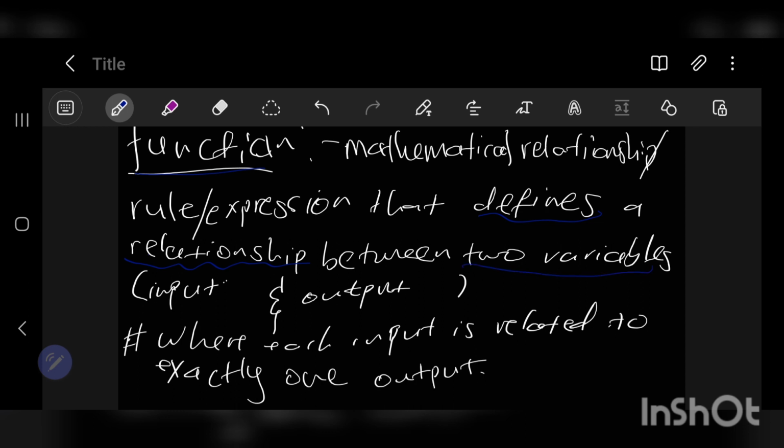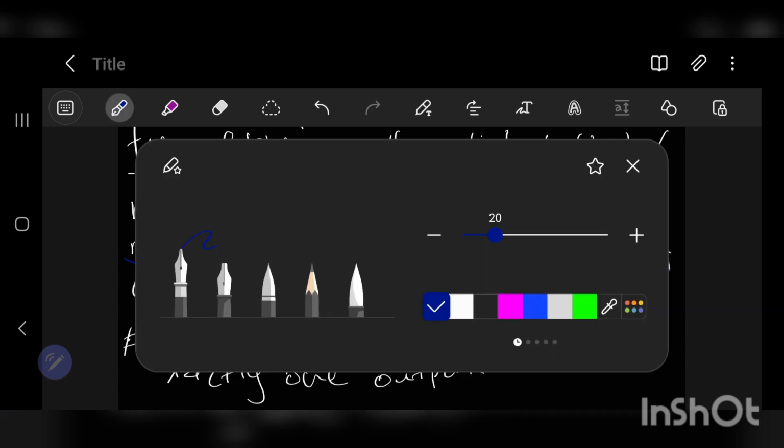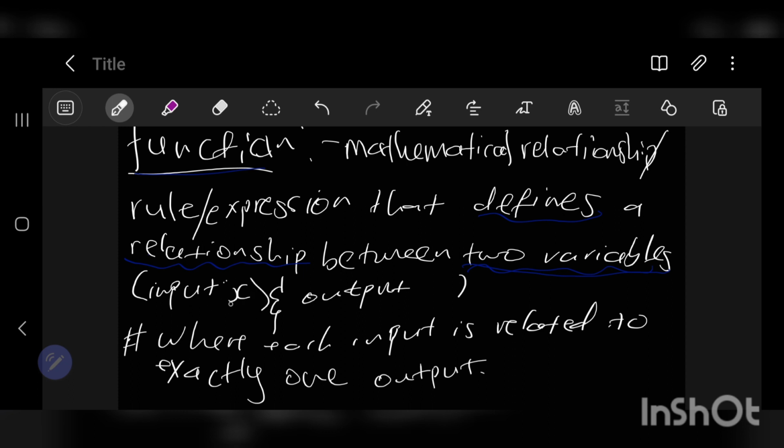It can be more than 2 variables, but in this case we'll be focusing on only 2 variables. Your input represents your x, and your output represents your y. So a function tries to find a relationship between your outputs and your inputs, your x and y's.